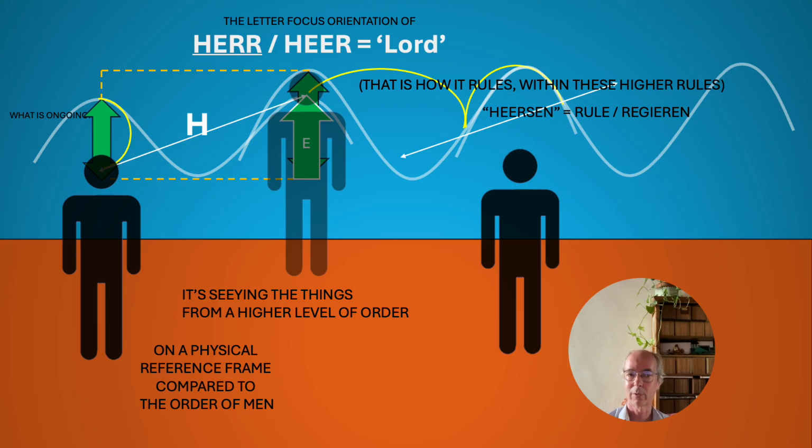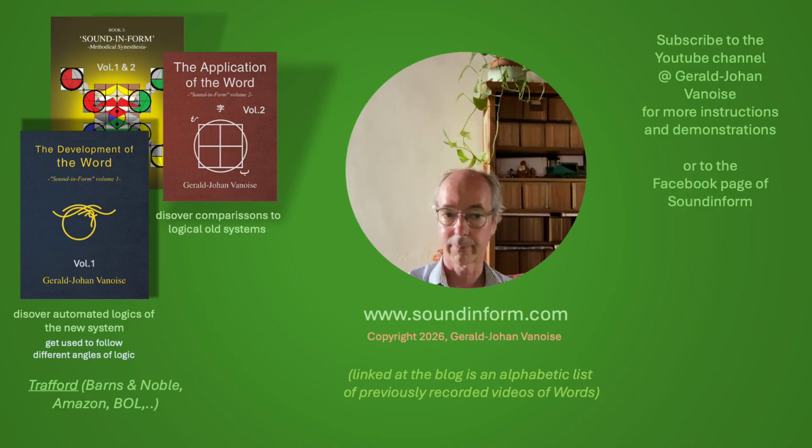That's basically what it says. Heer or HERR or Lord is expressed in that way, in a very good way. That makes you also understand, okay, we are dealing here with someone or something who presents this from a higher order, so we can call him HERR or Heer or Lord.